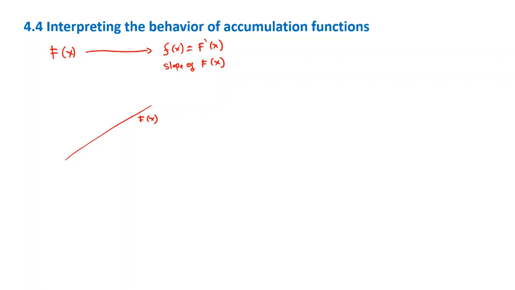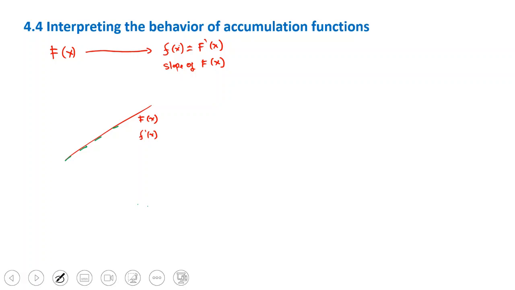Because from left to right it goes up, the slope is always constant. The slope here is this one, at this point is this one, and so on. So we know that f'(x) is positive.